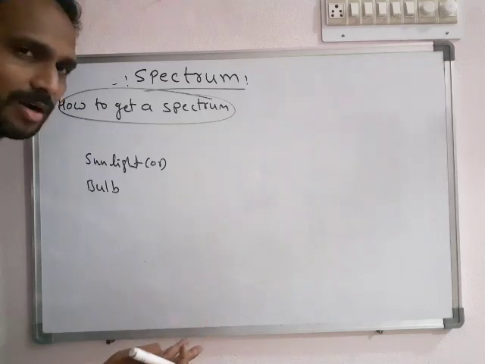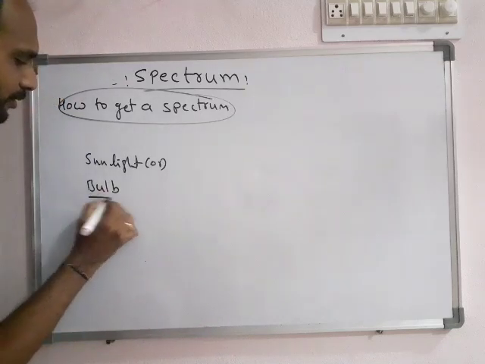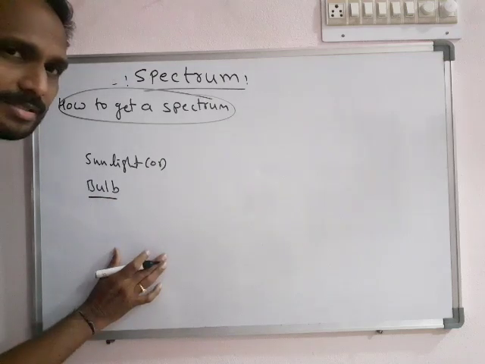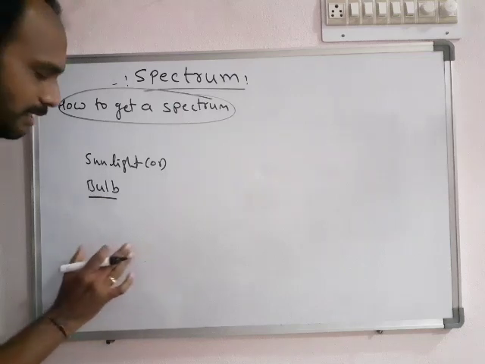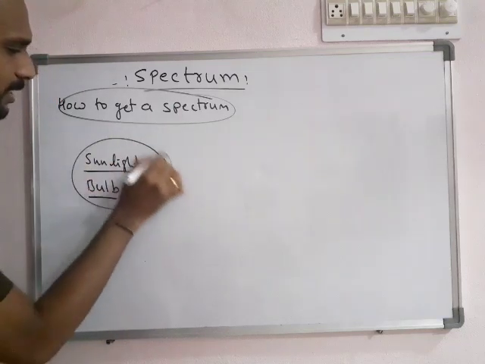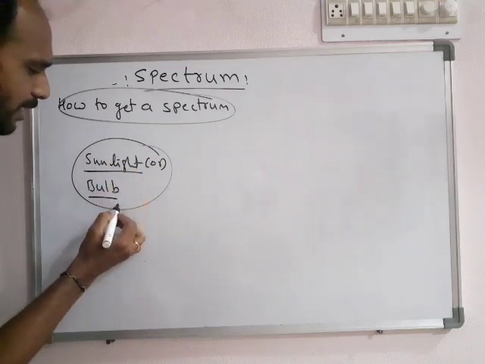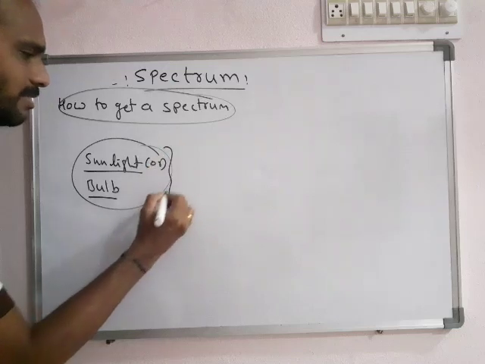Generally we know the 60 watts, 100 watts normal bulbs are there, not LED bulbs, not tube lights. It is just from normal bulbs and sunlight.